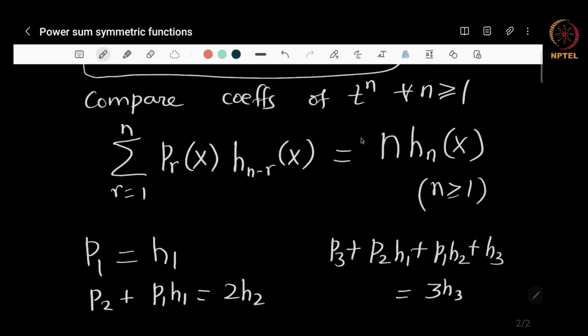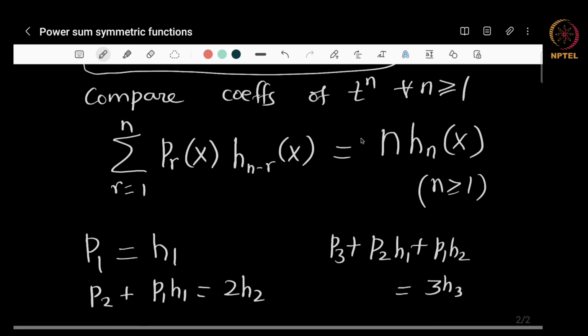Okay, now I'm missing an h3 on that side, sorry. That last term is what becomes a 3 h3 on the other side. And so on, so I can keep going like this. The point is, we can recursively compute the p's in terms of the h's from this equation.